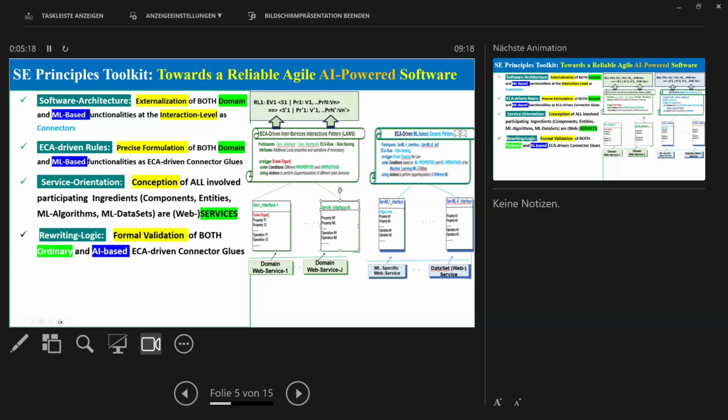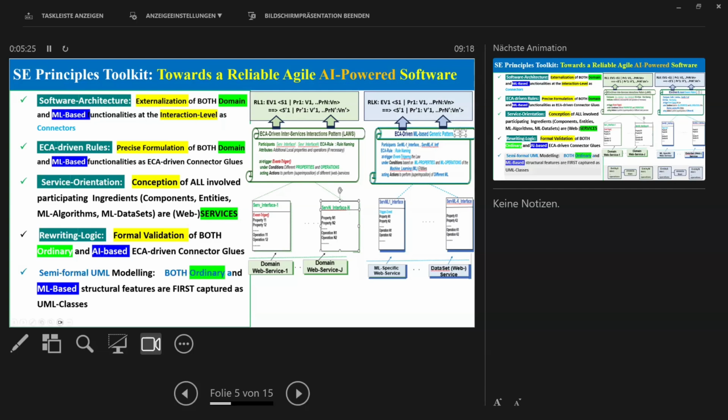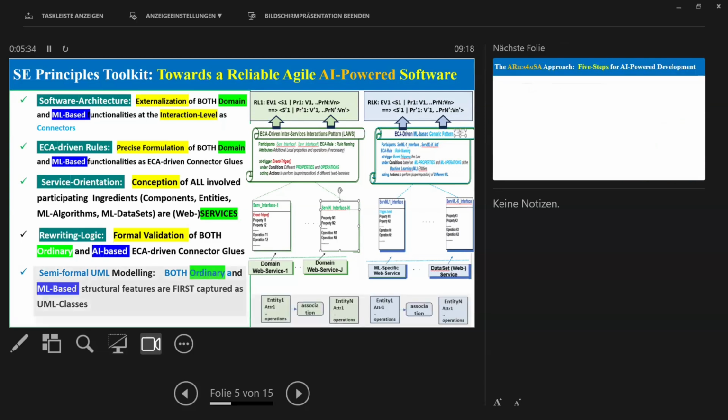We do validation with rewriting logic on both sides. And finally, we also concentrate on the elicitation, or semi-formal requirement engineering, with the well-known UML class diagram.